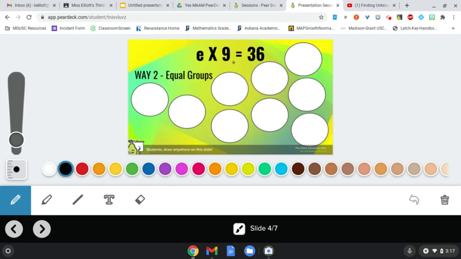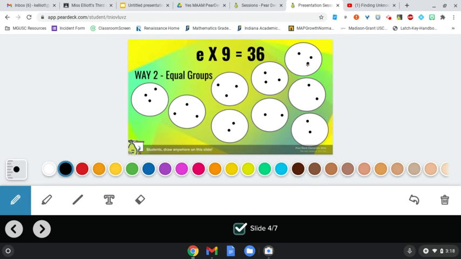So what I'm going to do is put a dot in each one of these until I get to 36. So 1, 2, 3, 4, 5, 6, 7, 8, 9, 10, 11, 12, 13, 14, 15, 16, 17, 18, 19, 20, 21, 22, 23, 24, 25, 26, 27.